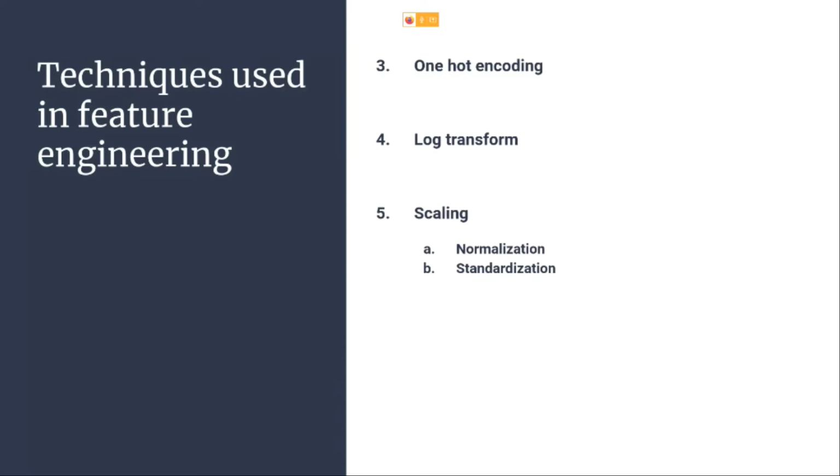And for standardization, the formula is (x minus mean) divided by standard deviation. This is for manual feature engineering, we can use all these things. I'll be sharing a few codes also, so that you can get some idea how to use them in practice.